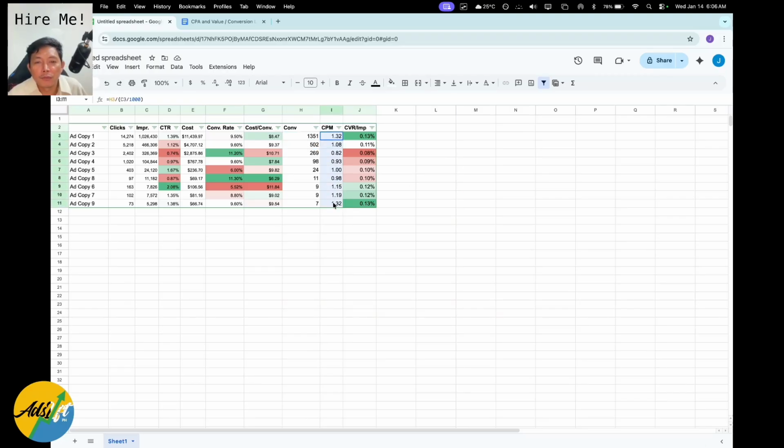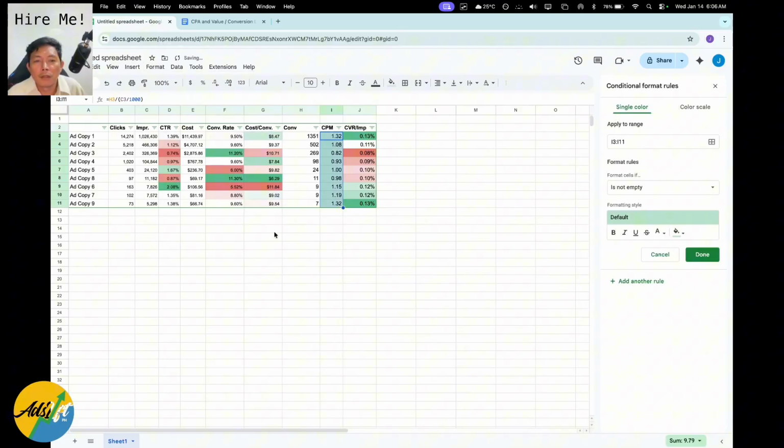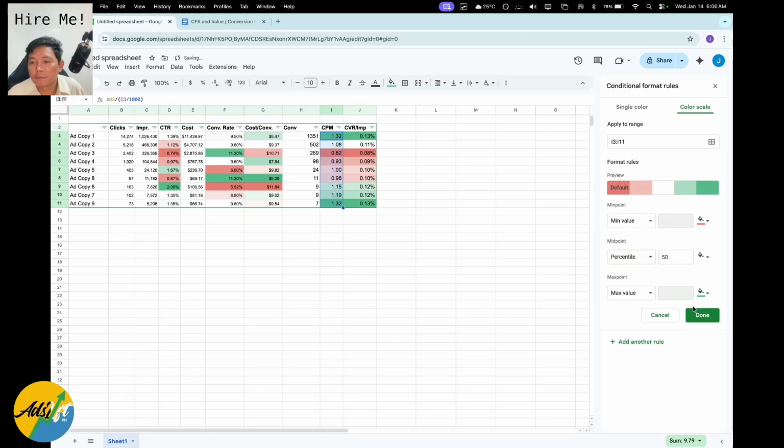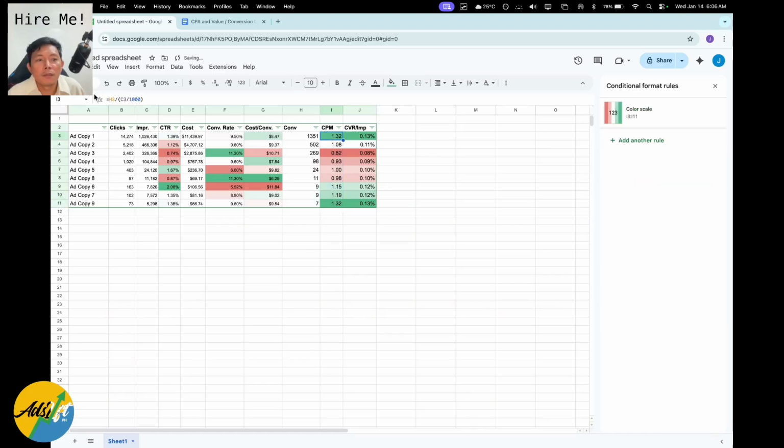So if we look further into the CPM, this is the spend divided by the impressions divided by 1000. So this is cost per thousand impressions. This is the CPM.